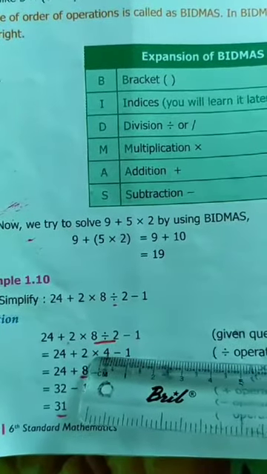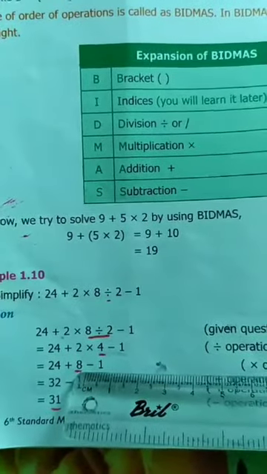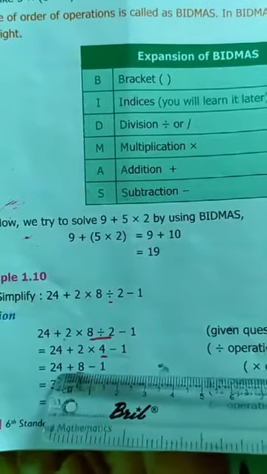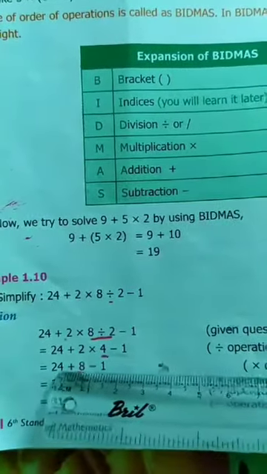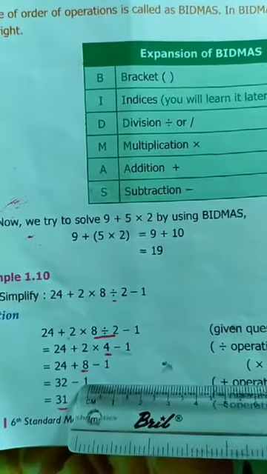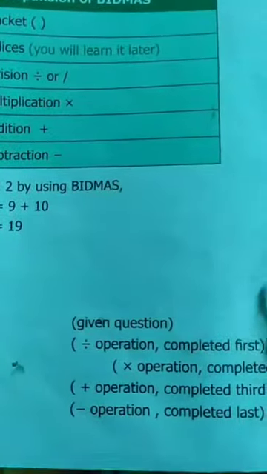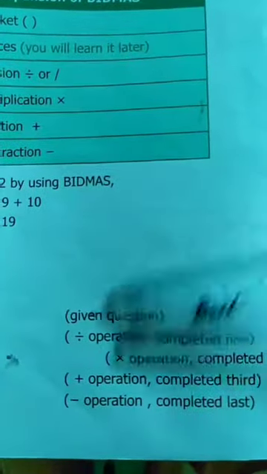Next take the operation of multiplication, 2 4s are 8. Next you take the addition. 24 plus 8, we get the answer 32 minus 1. Therefore the answer is 31. Can you understand this?